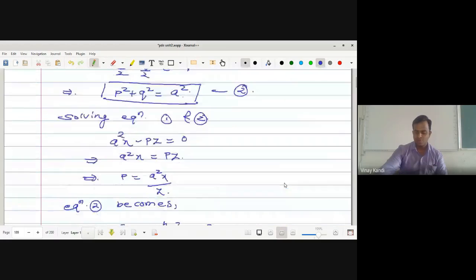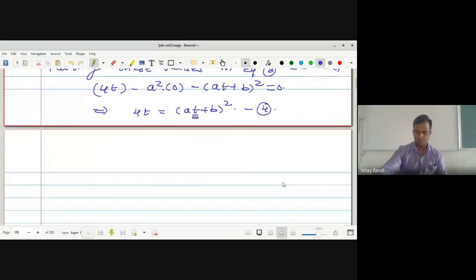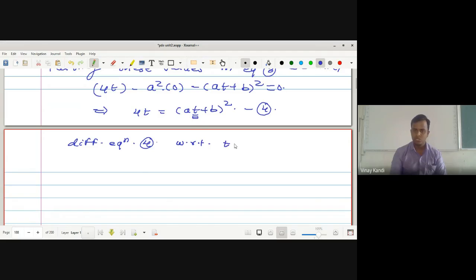So here we get one more equation. Differentiating equation number 4 with respect to t, we get 4 is equal to 2(at plus b) into a.